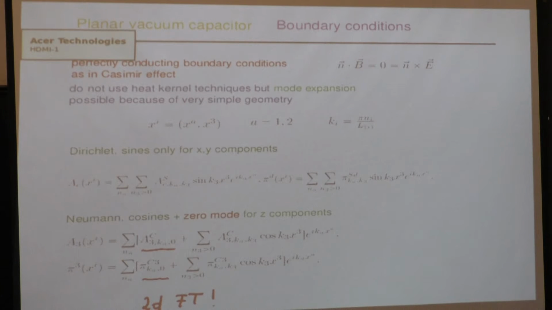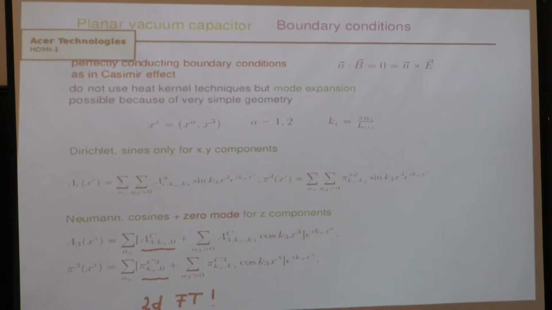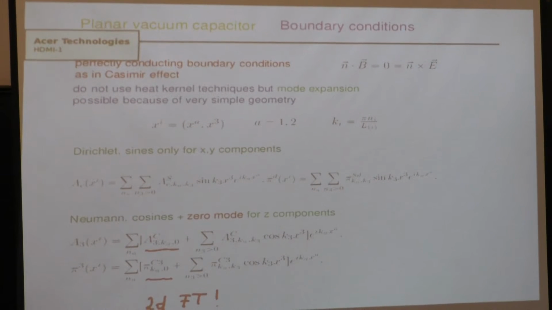And I stress here that I do not want to do a heat kernel computation or anything like that. I really want to do what usually you don't want to do, a detailed mode expansion in order to control the degrees of freedom of the system. Of course, this you can do in very simple cases. You cannot do it in complicated cases, but in this very simple case, you can do it.